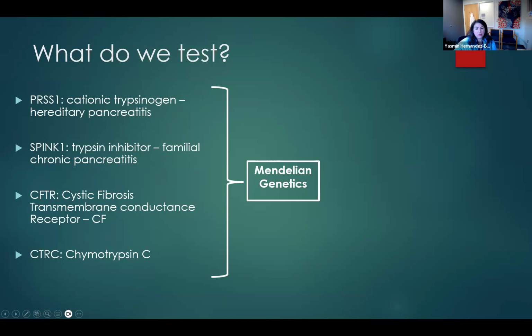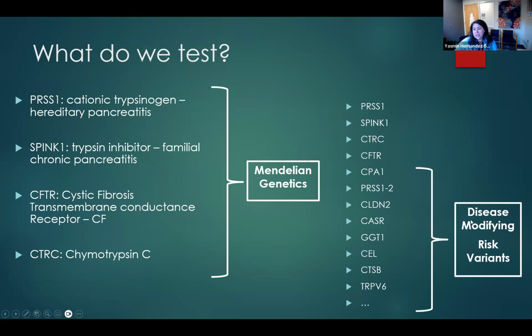And so genetic counselors will counsel patients and do this testing, but oftentimes in patients with pancreatitis, we don't find a gene, because only 5% of patients with pancreatitis will have one of these, what's considered monogenic or disease-causing, mutations as the cause of their pancreatitis. A separate concept is disease-modifying or risk variant mutations.